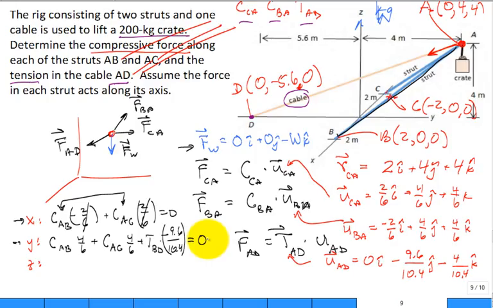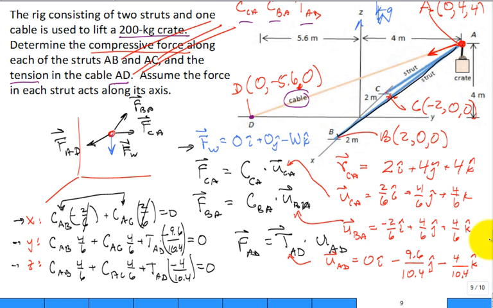All right, and then for the sum of the forces in the z, the compression member A to B times 4/6 plus the compression A to C times 4/6 plus the tension, this tension goes from A to D, A to D is negative 4 over 10.4 equal to 0.